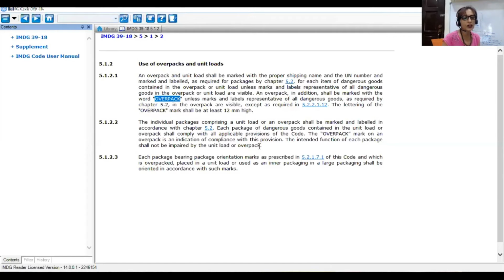It doesn't say that it's only for individual types of DG, nor even multiple types of DG. As long as multiple types of DG are compatible, they can be packed in a single overpack. Even if it's a single DG that has been unitized on a pallet, then you need to have the overpack.